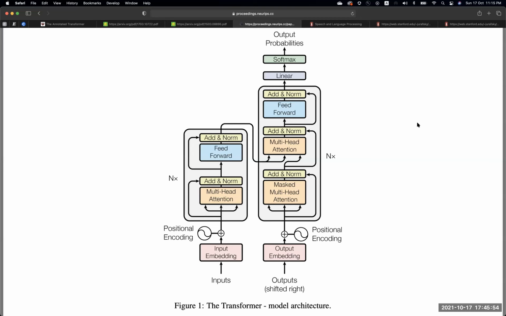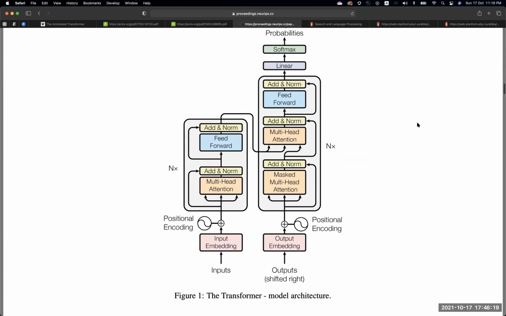You want to still leverage the power of parallelism. So yeah, inherently things are sequential, like you said. So the way out is you mask everything from the future, in a way pretending that you have not seen the words, and then you move forward.